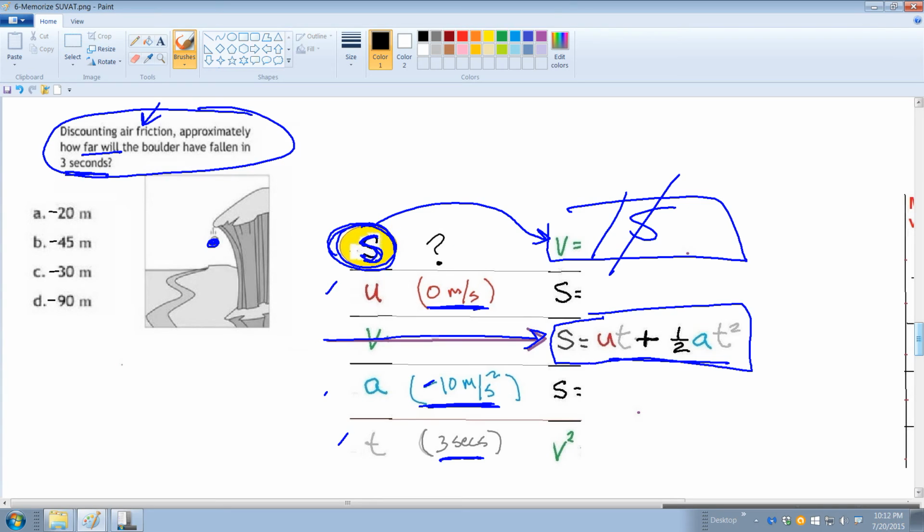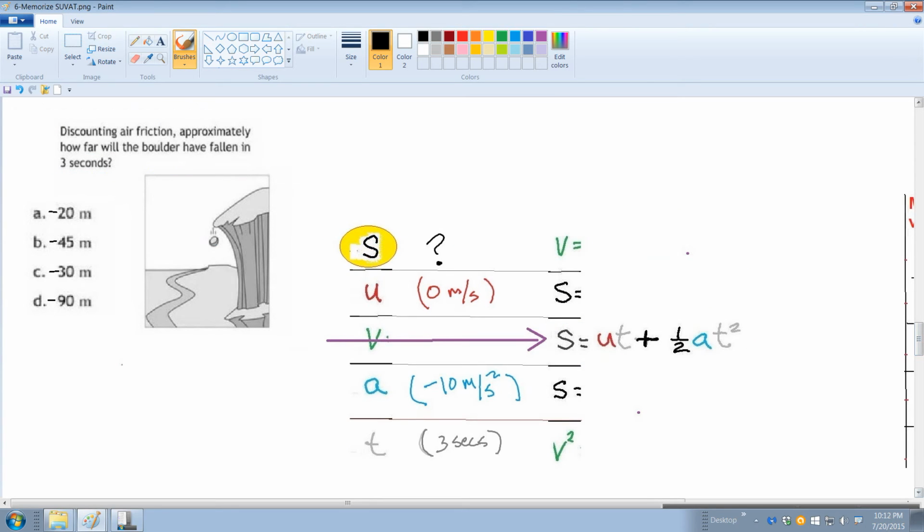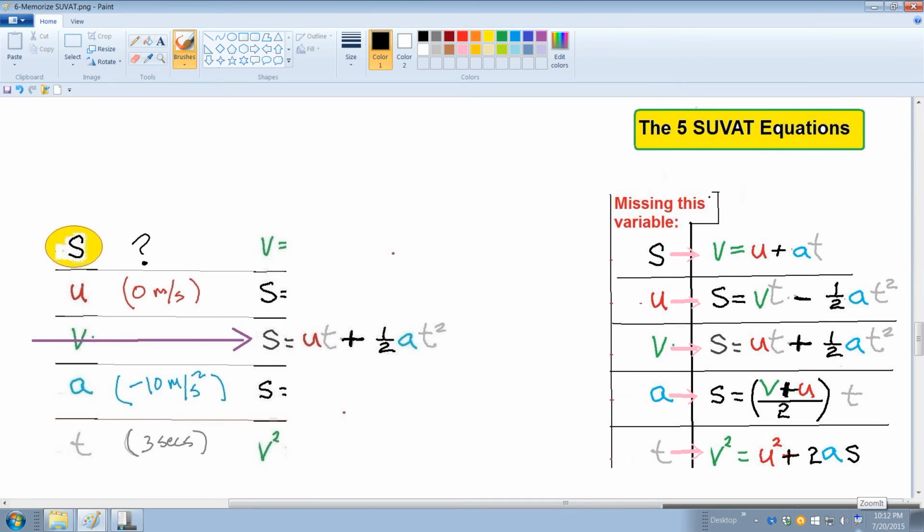If you look over at the first equation here, you can see it doesn't have an S in it. So we don't want to use that equation. We want S as our answer, but we certainly don't want to use the equation that's affiliated with it because it doesn't have S in it, so we can't solve for S.